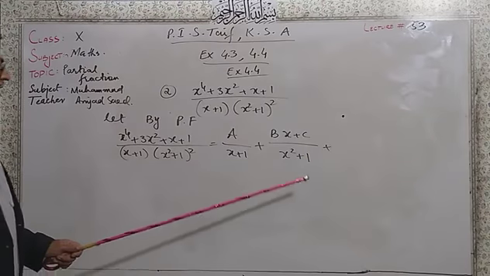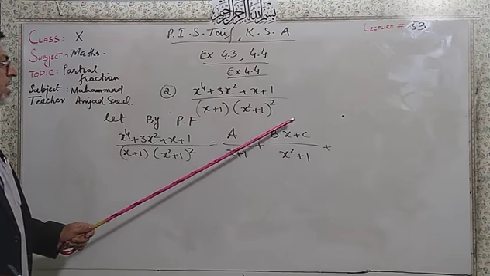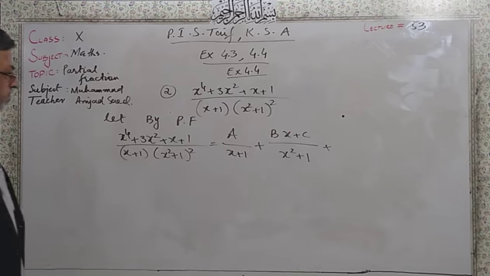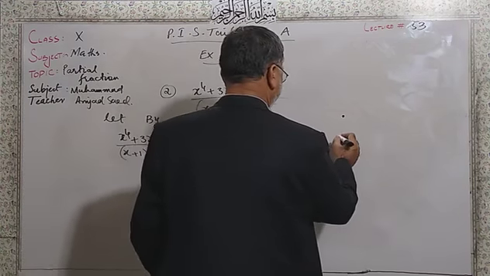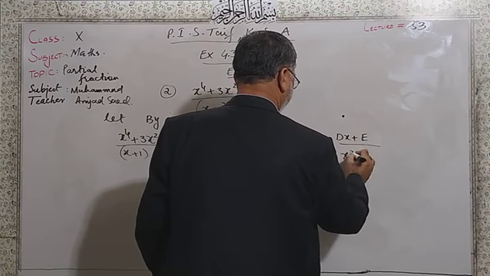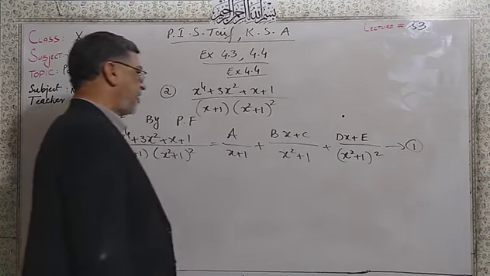Remember that this is degree 2 and for degree 2 we must have two constants. And this is for the first power. And the next is Dx plus E over x squared plus 1 whole squared. This is your equation number 1.